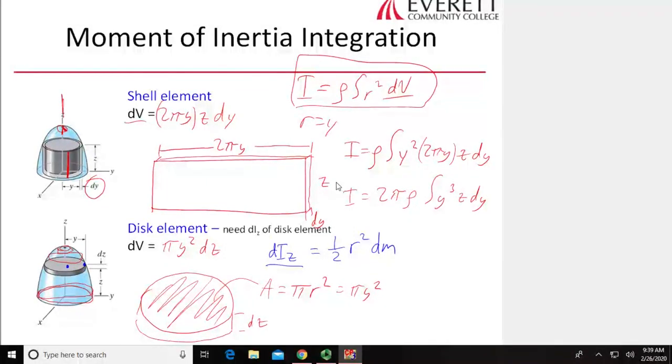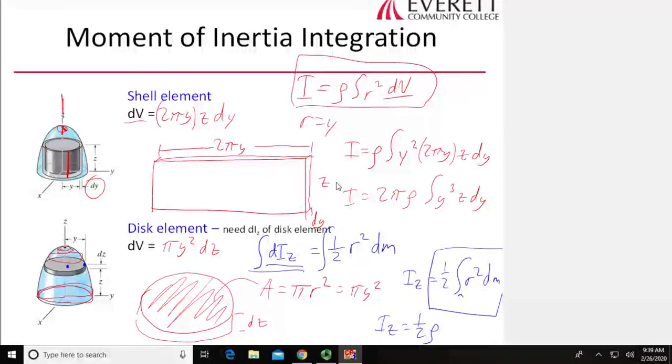So when I take the integral of both sides, on the left-hand side, I get I, the moment of inertia about the z-axis, and that's going to be equal to 1/2 times the integral of r squared dm. Notice how that is a different equation than what we used for our initial moment of inertia. Why? Because we're using the disk method. And then we would say Iz is equal to 1/2 times rho, we're assuming a constant density, times the integral of r squared dv. And then we would plug in our dv.